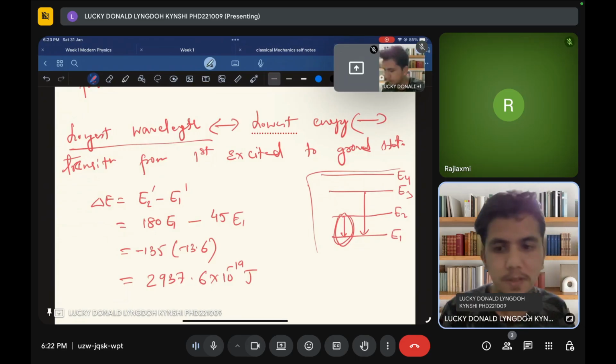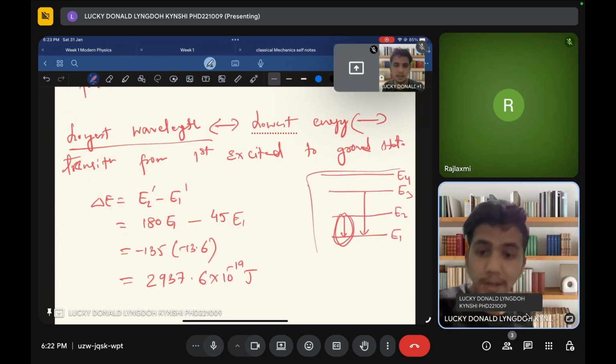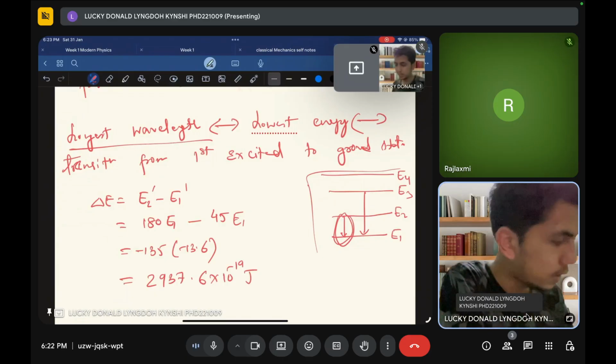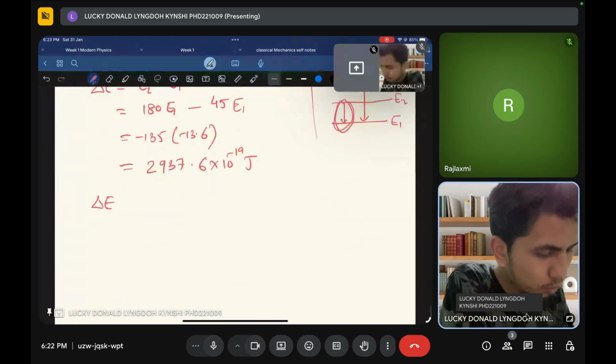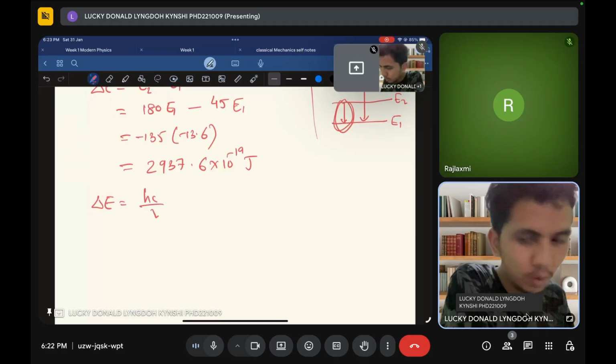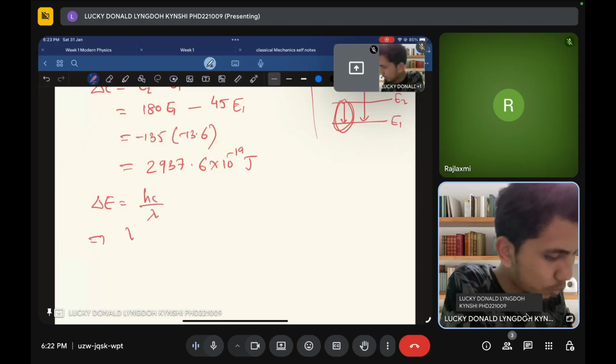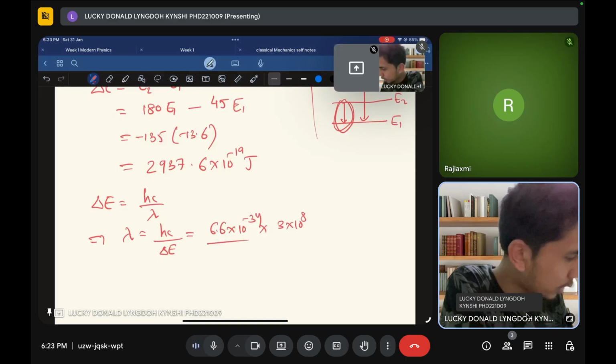This is the energy that you are getting, and once you get the energy, delta E is equal to hc by lambda, so you can calculate the longest wavelength. Lambda equals hc by delta E, where h is 6.6 into 10 to the power minus 34 and c is 3 into 10 to the power 8, divided by delta E, 2937.6 into 10 to the power minus 19.